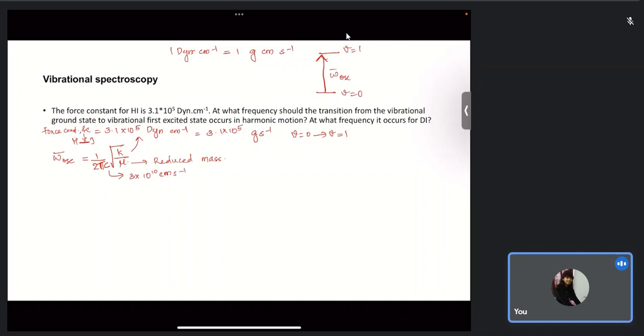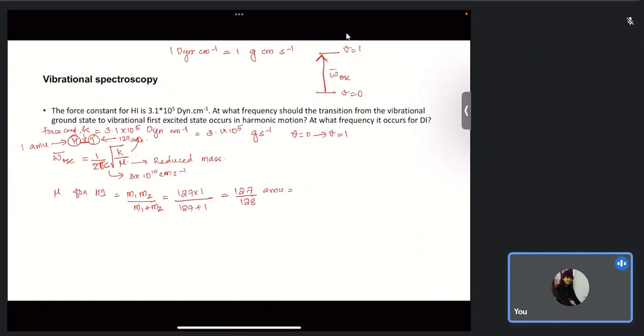Now we have to find mu for HI. So mu is going to be m1 m2 divided by m1 plus m2. m1 here for H is 1 AMU, and for iodine it is 127 AMU. So this is going to be 127 into 1 divided by 127 plus 1, which is 127 divided by 128 AMU.